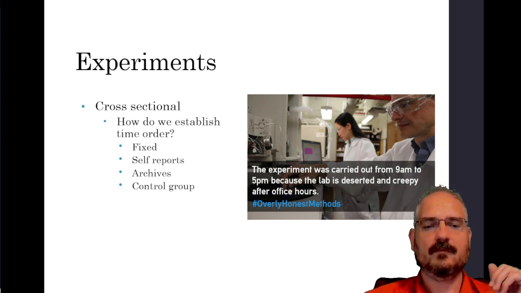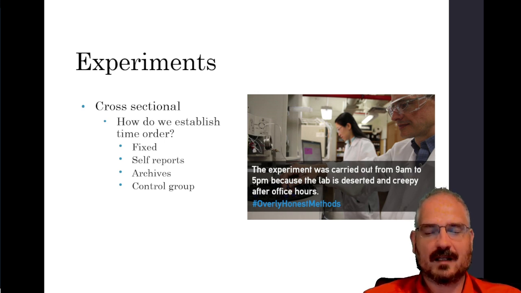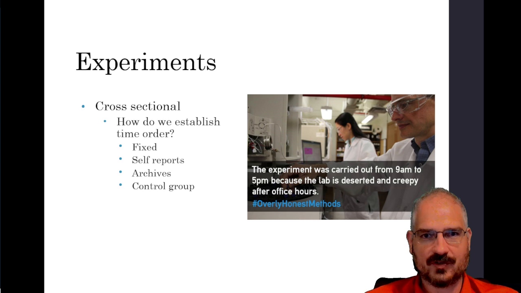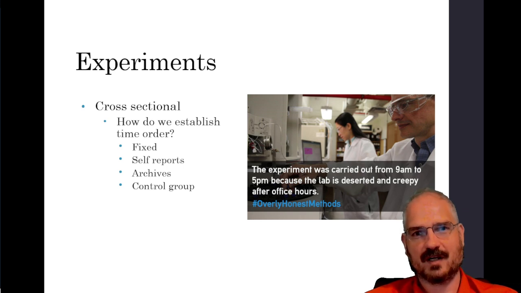Well, one way to do it is when it's fixed, when it's obvious, when it's clear that one thing came first, right? So in my dissertation research, I was looking at age, gender, race, and education level, and its effect on being in prison for a computer crime versus other kinds of crime, right?